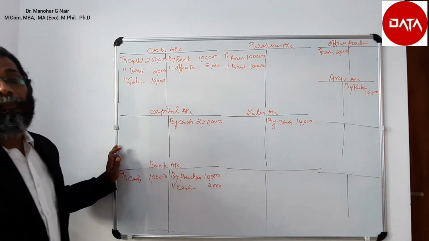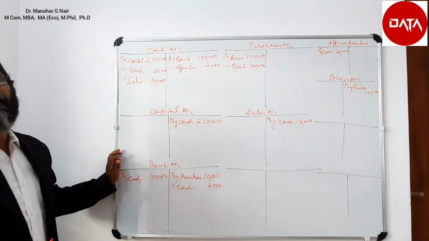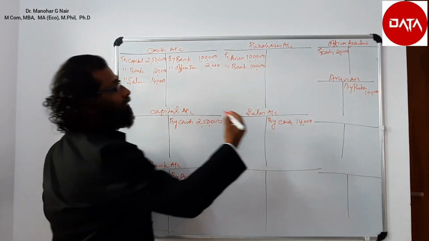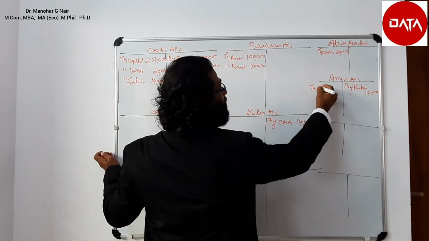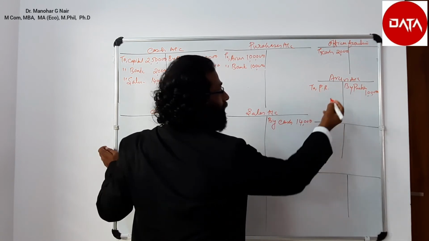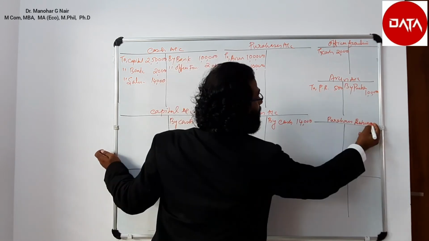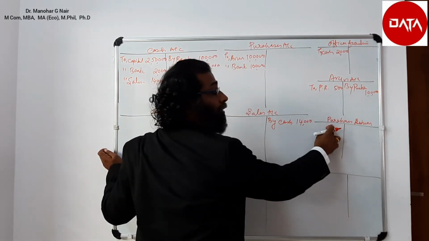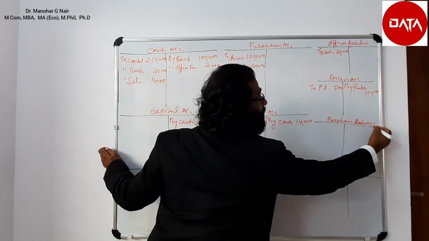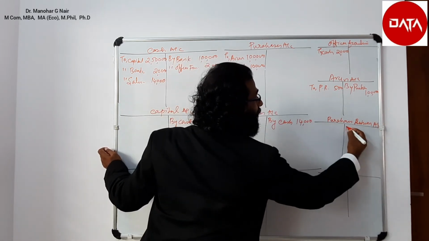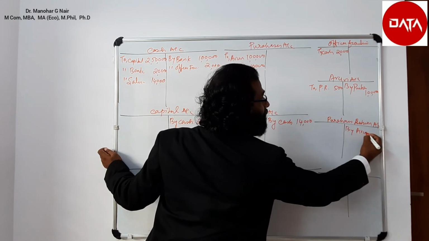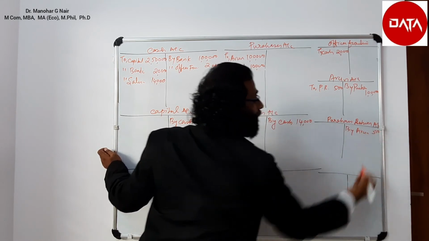Now Arun account debtor to purchases return. We already have the Arun account. To purchases return, amount 500. We need to open another account called purchases return account. So by Arun, 500.